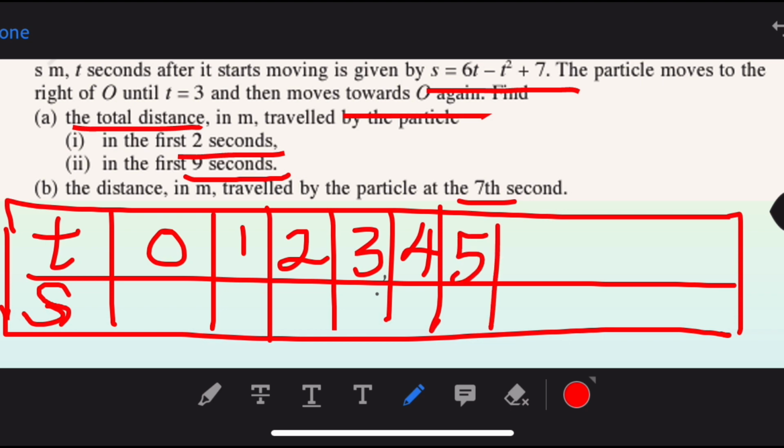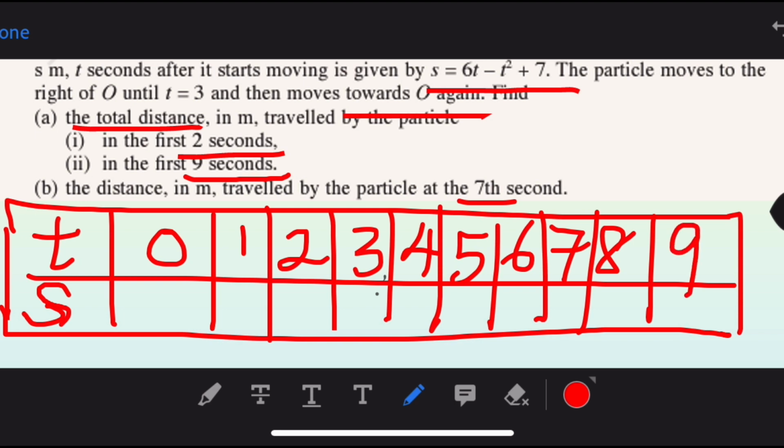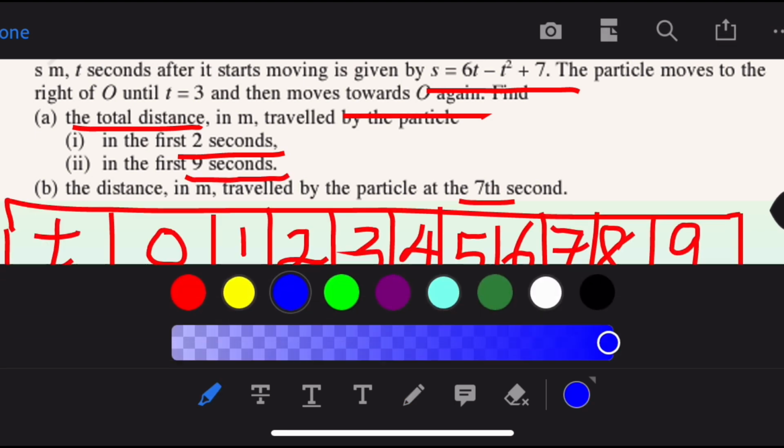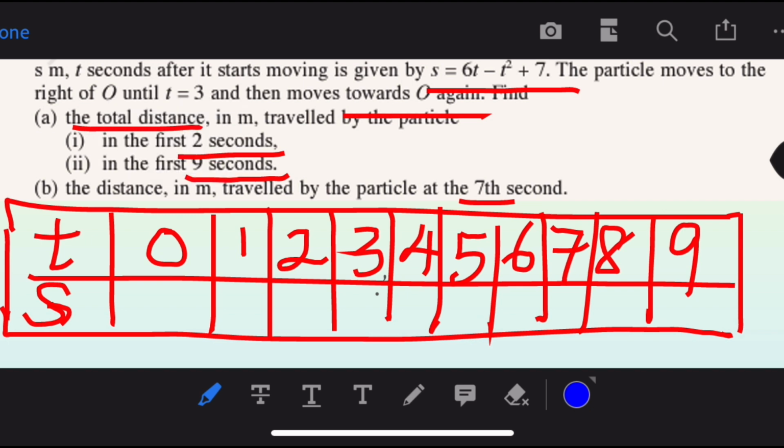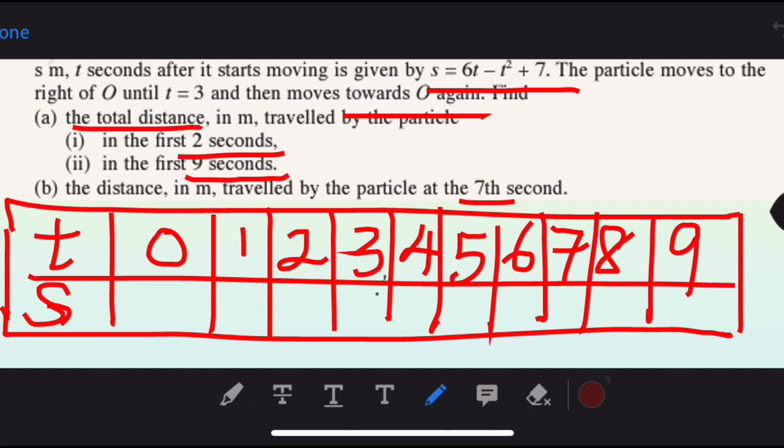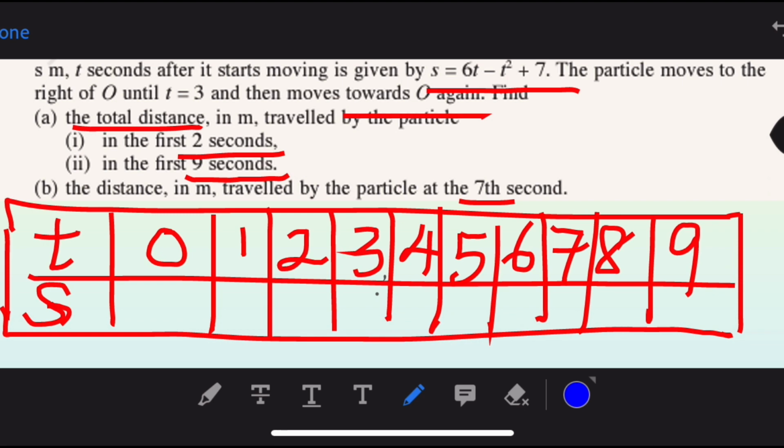If you don't have time, you can just do the important points. The starting point is compulsory, and then the last point, and of course another point is when the particle turns.